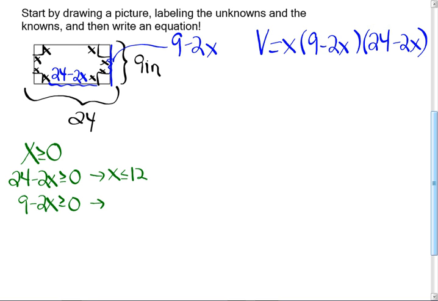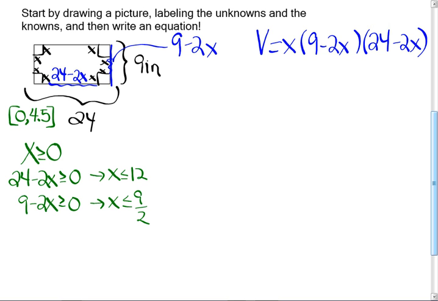This means that x is smaller than or equal to 9 halves, or 4.5. I must have the most restrictive domain possible. So that's 0 to where? 4.5. We want to close it. If we don't close the interval, then I have to use the first derivative test. I don't have a choice.